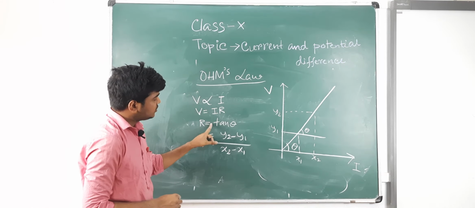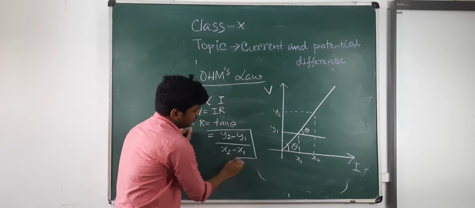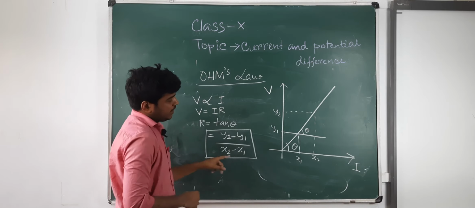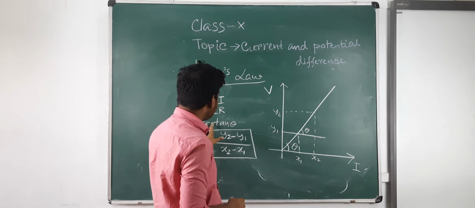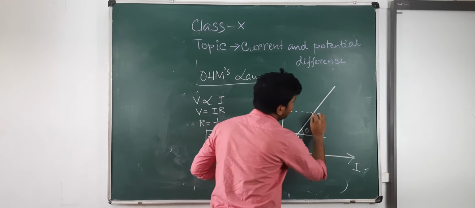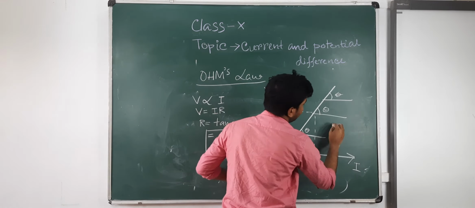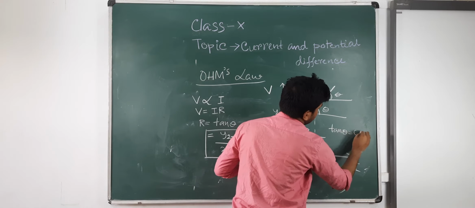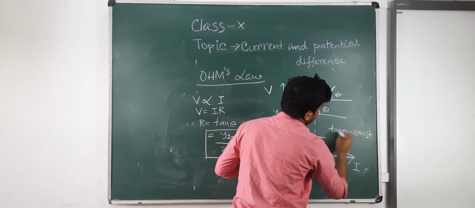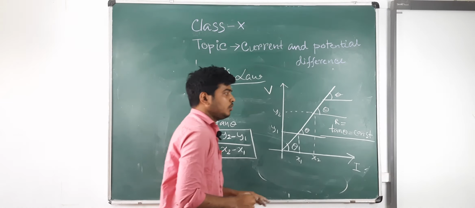So this is the value of resistance, tan theta, that means y2 minus y1 divided by x2 minus x1 from this graph. And R is constant, that means at every point theta will be constant, or tan theta will be constant. R equals tan theta equals constant.